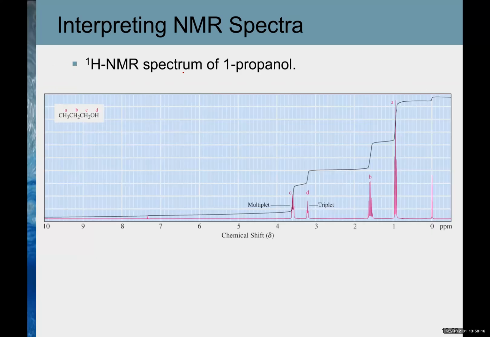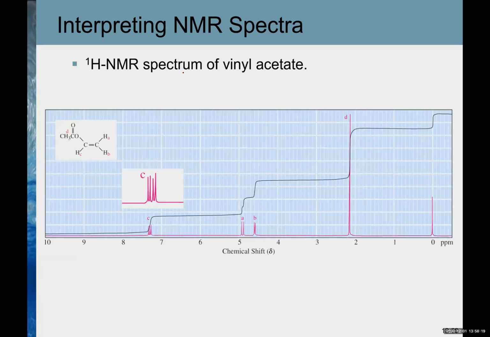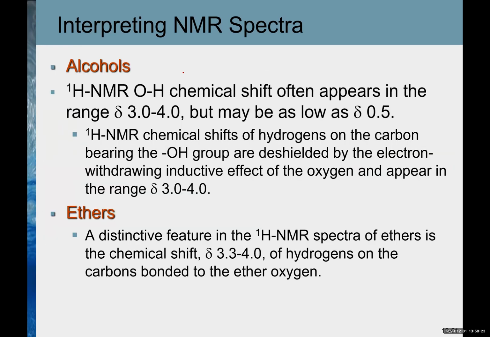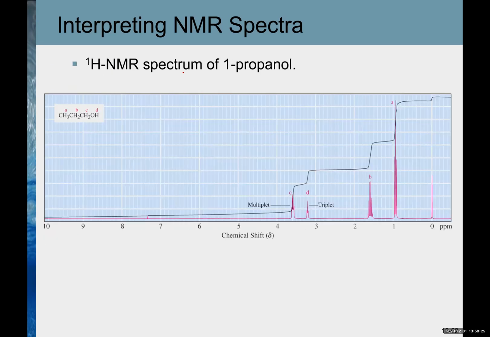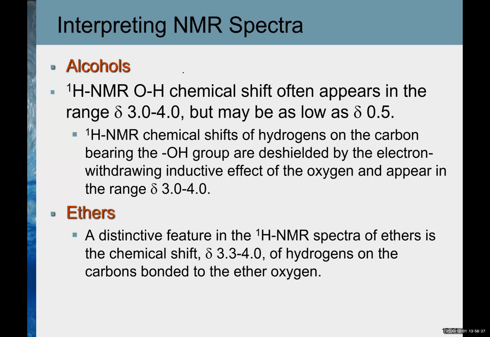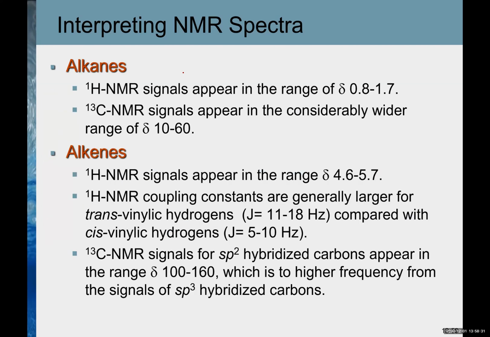I'm just going to go over some spectrum analysis. When we interpret the NMR spectrum, for alkanes the proton signal usually appears between 0.8 and 1.7.